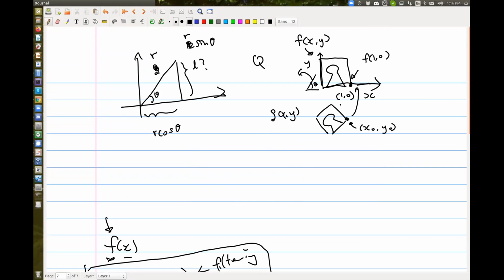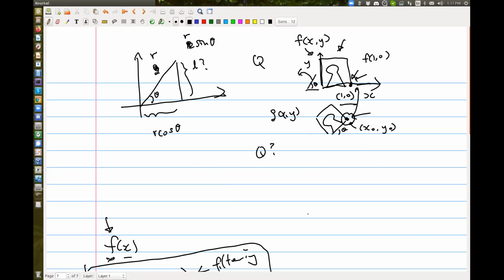So I have the point (1, 0). For the new image, g(x0, y0) should map to this one. As I just said, I have this image and I rotate it by theta degrees. Now here is a question: where is the point that corresponds to (1, 0)?